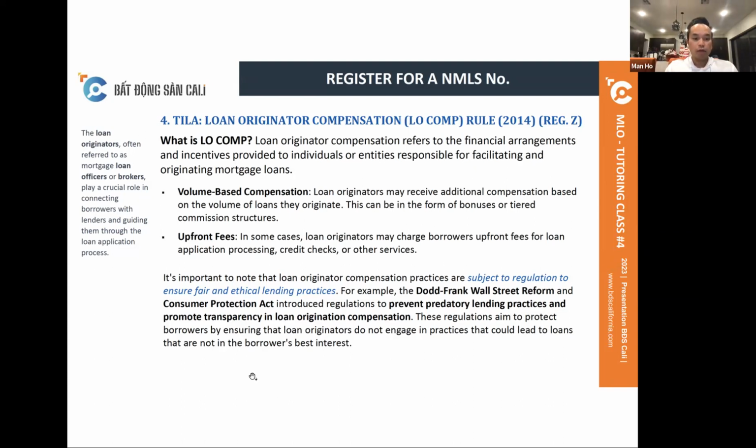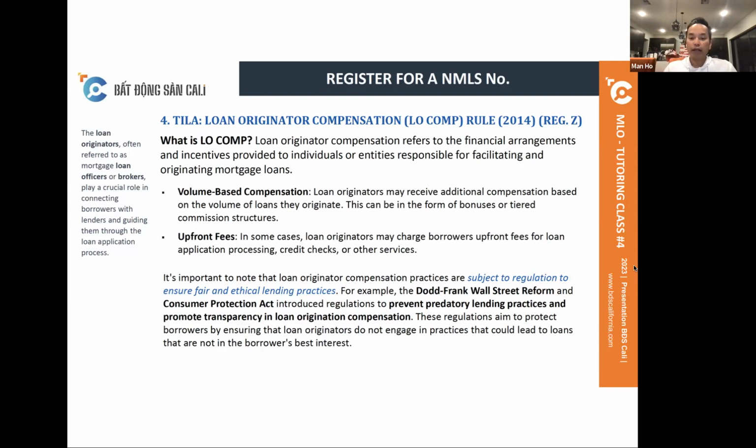All right, it is important to note that loan originator compensation practices are subject to regulation to ensure fair, ethical lending practices. The Wall Street Reform, Dodd-Frank, and the Consumer Protection Act introduced regulation to prevent predatory lending practices and promote transparency in loan origination compensation.